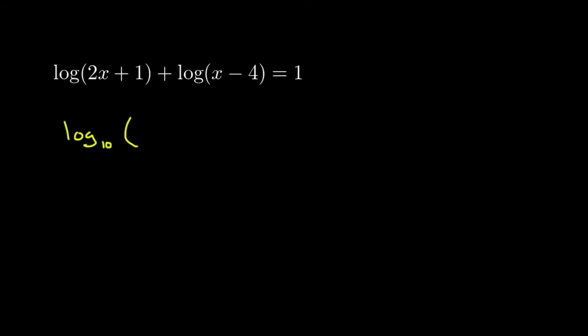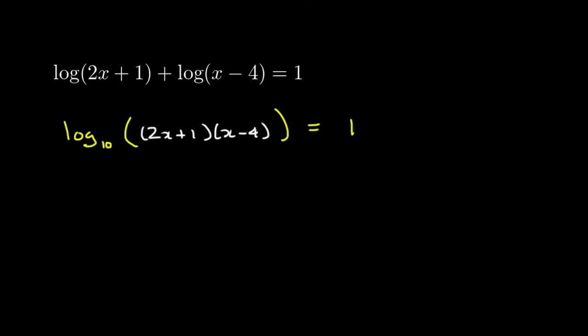And if you condense a sum of two logs, of course, you'd have to multiply the two arguments, or the inputs, together inside your condensed logarithm. I guess using our rule of sum going backwards, instead of expanding, we are condensing here. So inside this condensed logarithm will be the product of 2x plus 1 and x minus 4, of course, the inputs in the individual logarithms above.